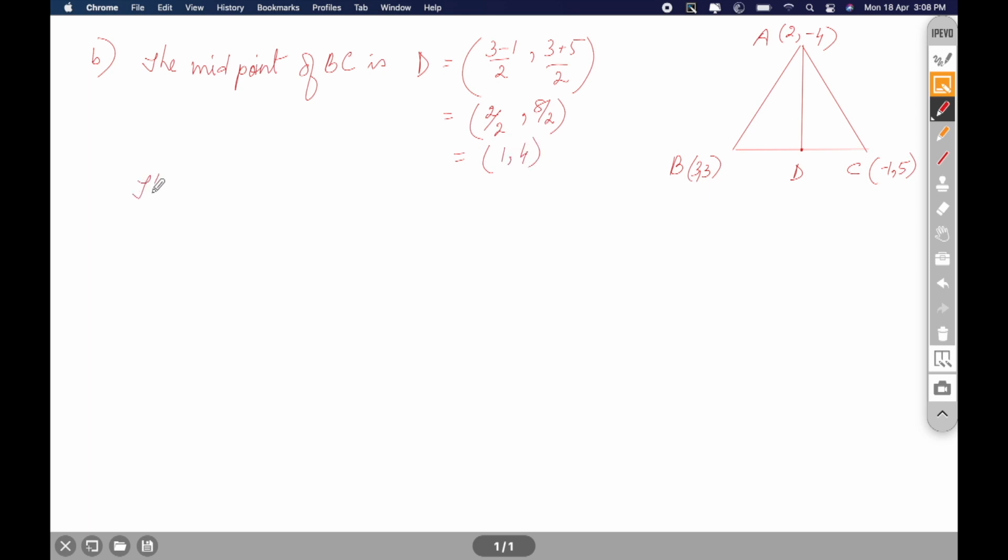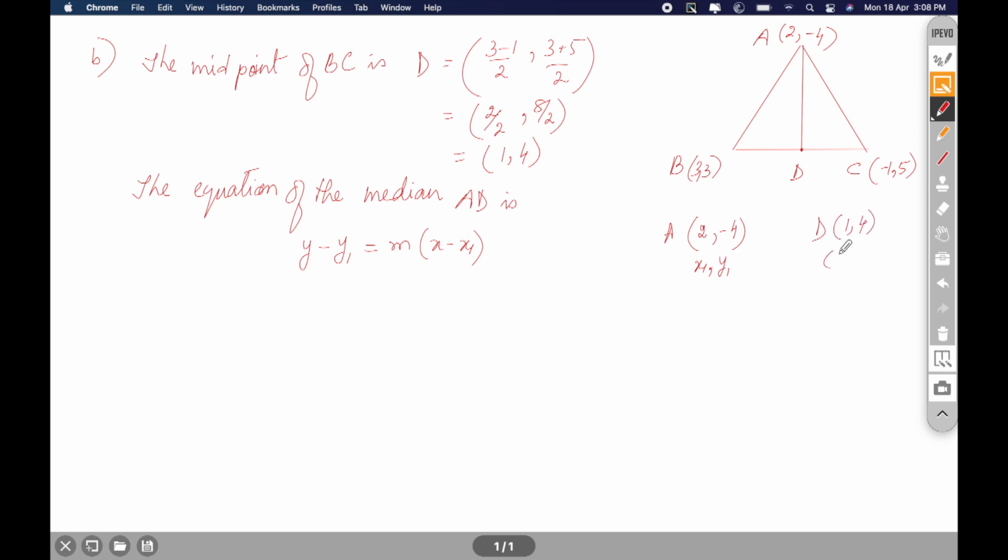Now the equation of the median AD is y minus y1 equals m into x minus x1. Now what is x1 y1 and x2 y2? So this is A, suppose x1 y1, and D with coordinates 1, 4, suppose this is x2 y2.